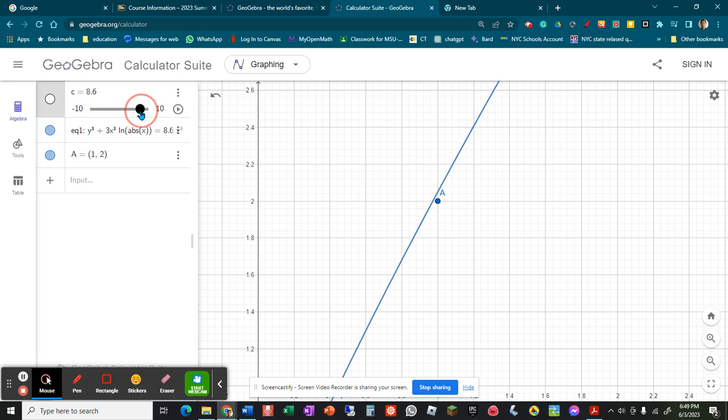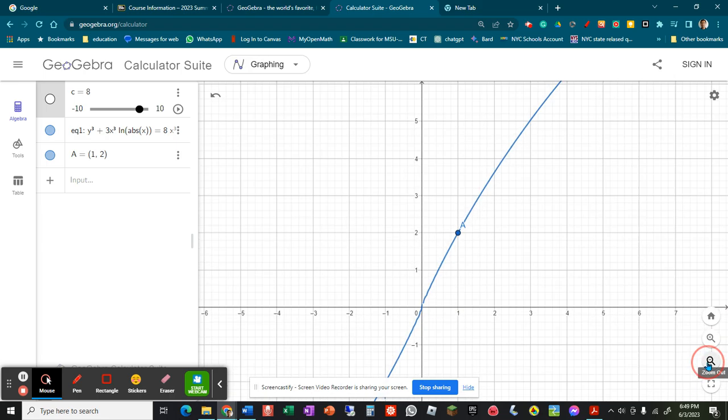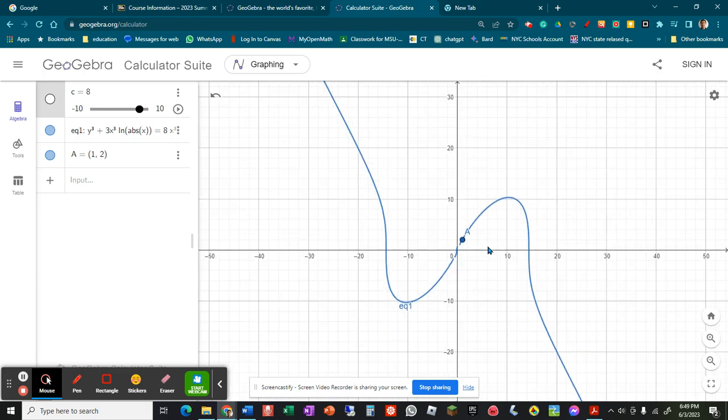Oh, that's too much. Actually, at C equal to 8, the graph goes through point A. If you zoom out, you're going to see the big picture of our solution. That's the graph of our specific solution that we're interested in.